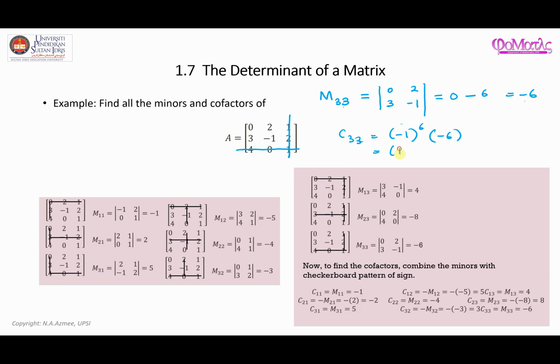So positive 1 times negative 6, which is going to be the same value as minor 3, 3. Now let us clarify whether we got the right answer. This is M33, negative 6, and C33, which is also negative 6. And the rest of it, you can try and practice on your own, and hopefully you'll be able to get the same results as shown here on the slide.